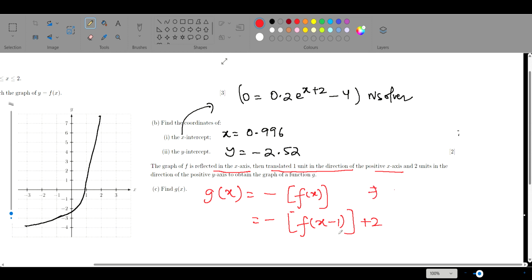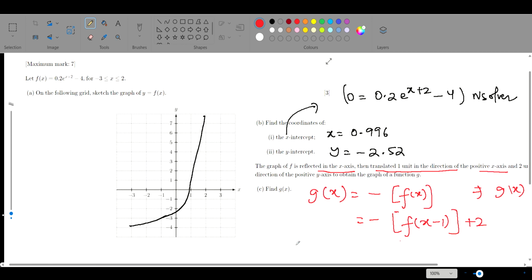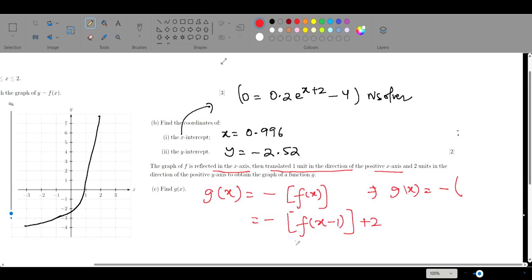So g(x) is equal to minus bracket f, which is 0.2 e raised to the power x plus 2 minus 1, bracket close, plus 2.